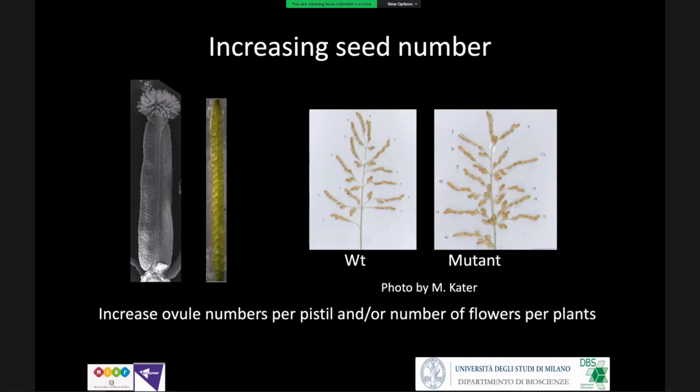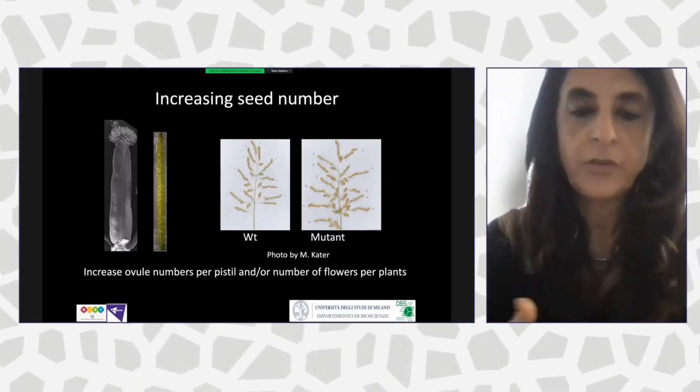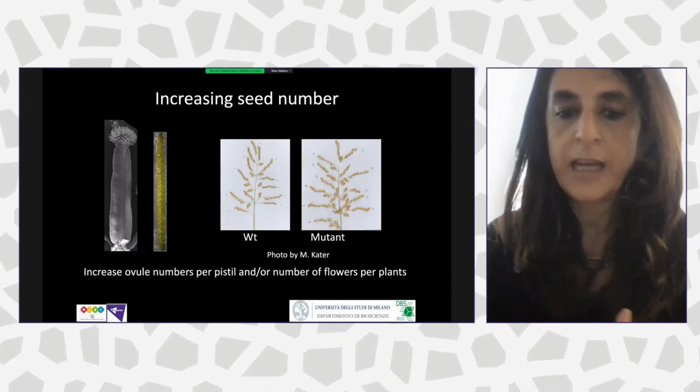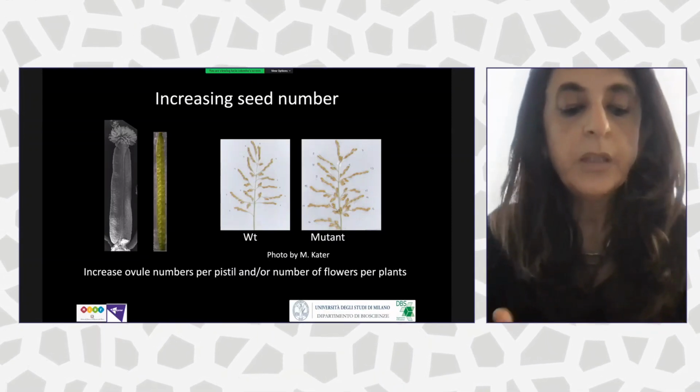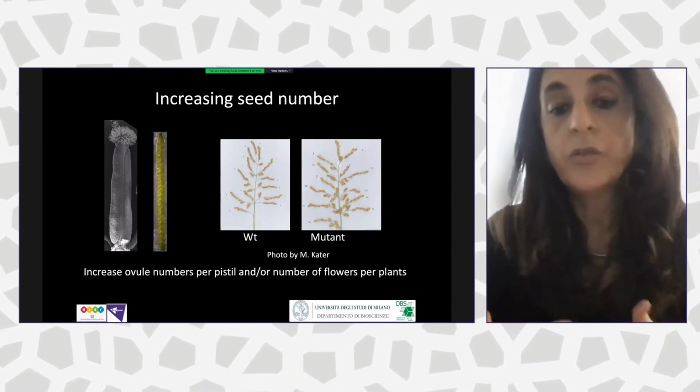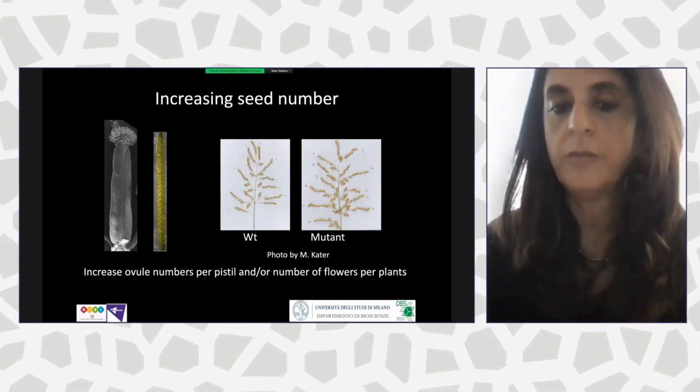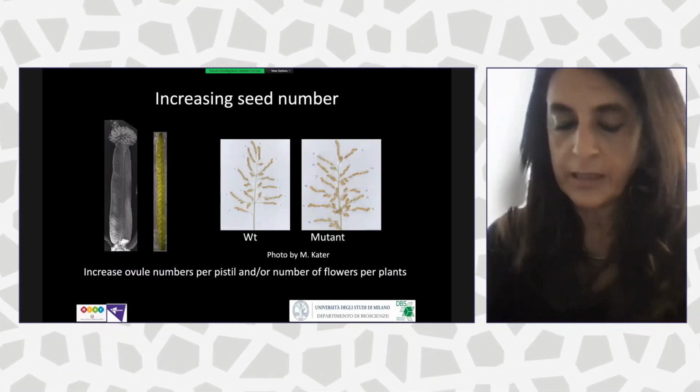One of these strategies is used to increase seed number in plants in which the pistil contains multiple ovules, for instance, like Brassicaceae. Of course, more ovules means also more seeds. Another type of strategy, that you see on the right side of this slide, is to increase flower number per plant. And also in this case, more flowers means more female reproductive organs, more seeds.